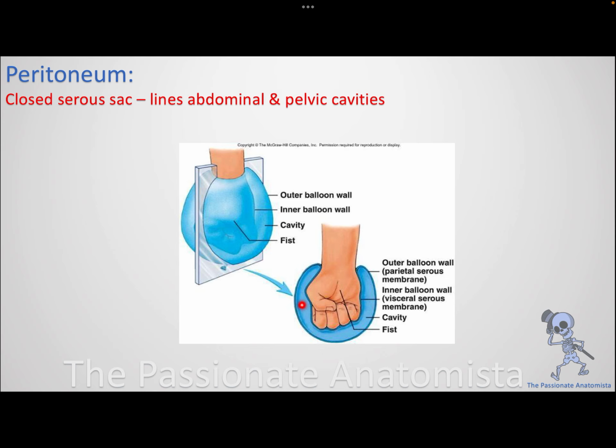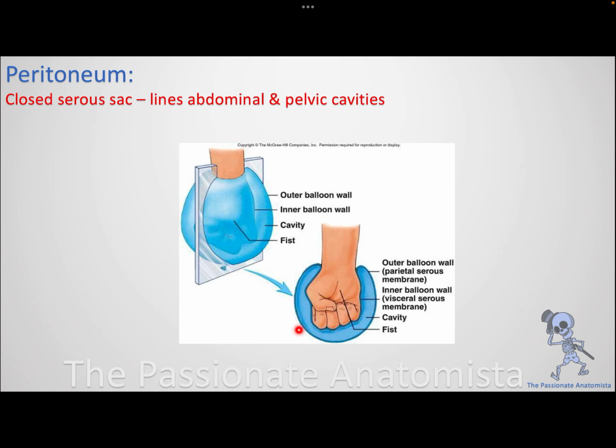It doesn't mean that they get into the cavity because it's a closed serous sac. So no way any organ can get into that cavity, but they can get into the layers of the closed serous sac. And if that happens, the part that gets attached to the organ is what we call the visceral layer. Visceral because it touches the viscera.